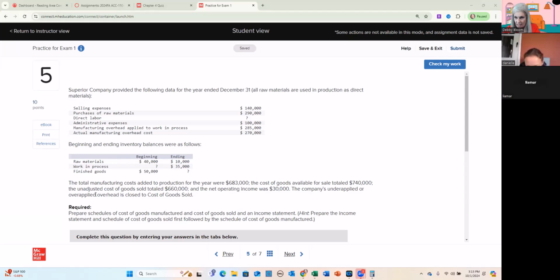Now, I'm going to look at this number right over here. The unadjusted cost of goods sold totaled $660,000.